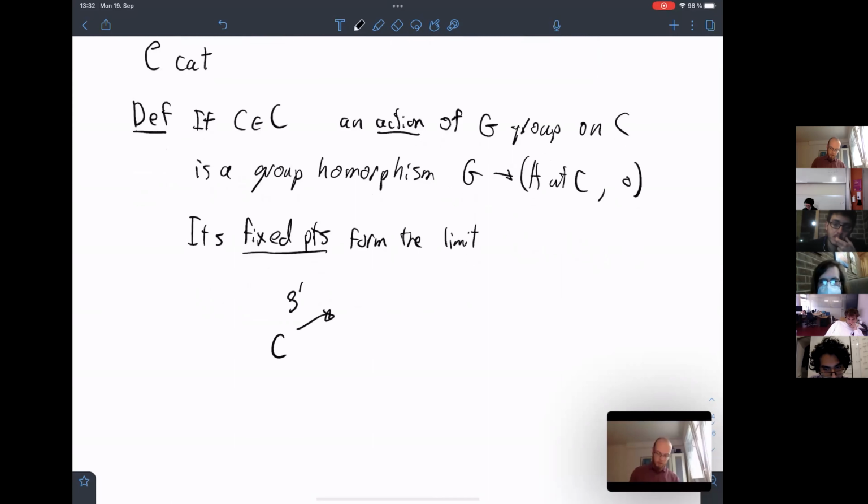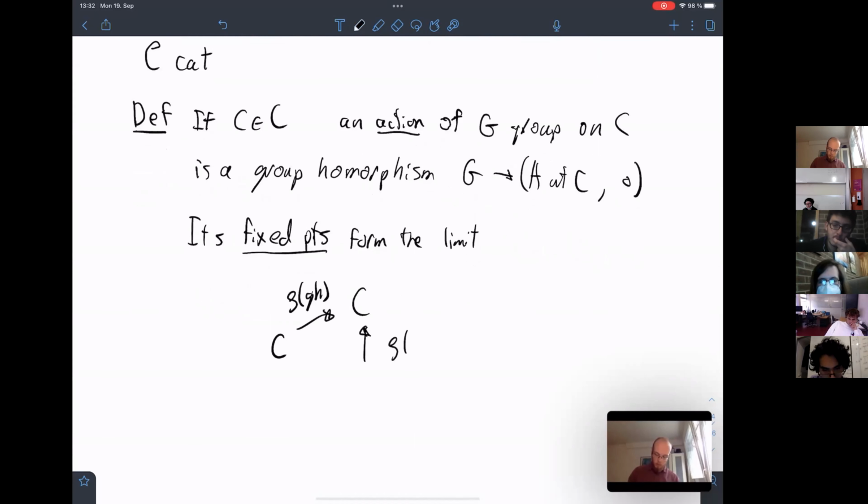So you have a diagram, a part looks like this. It's a small part of a big diagram. And then you have the limit over this, and that's some other object that I call C fix. And you have some cone over it. It's a universal cone over this.